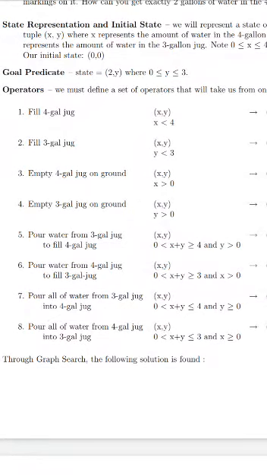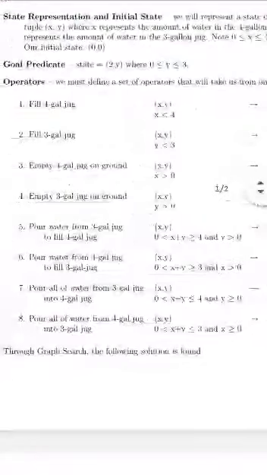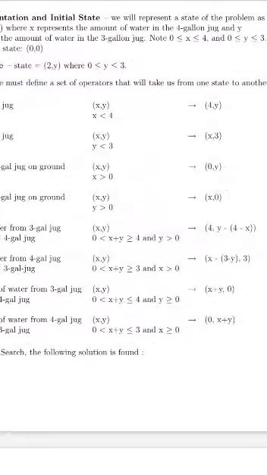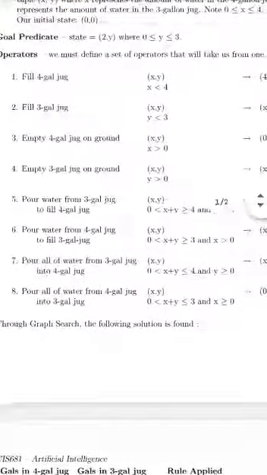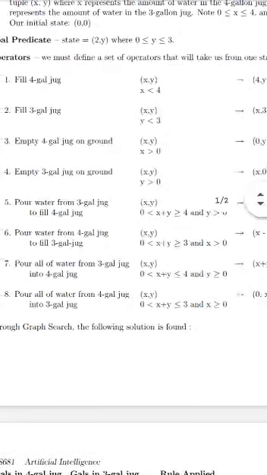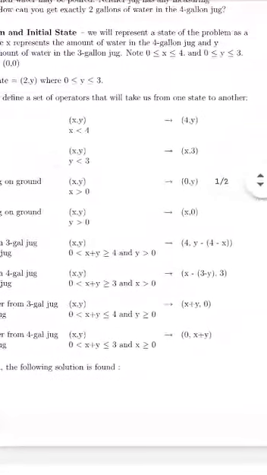The third operator is empty the 4 gallon jug on the ground. We empty all the water available in the X jug, so the condition is (0, Y). Fourth, empty the 3 gallon jug on the ground. We empty all the water available in the 3 liter jug, so the operator is (X, 0).